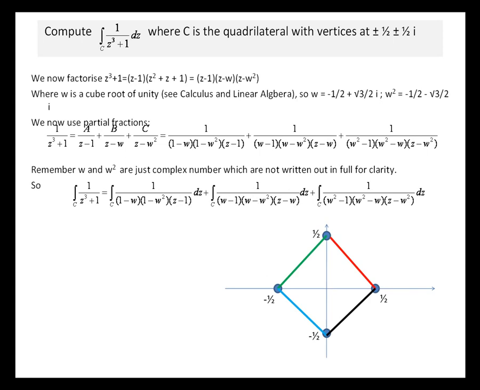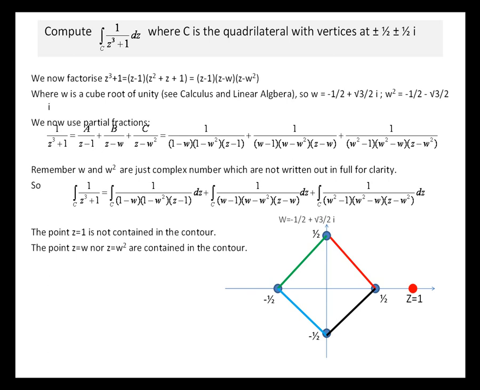There's our diagram of the contour. Now the point z equals 1, that's not contained within the contour. So therefore this first integral has no points where it is not analytic within the contour. Similarly for w and w squared, both those points lie outside the contour.